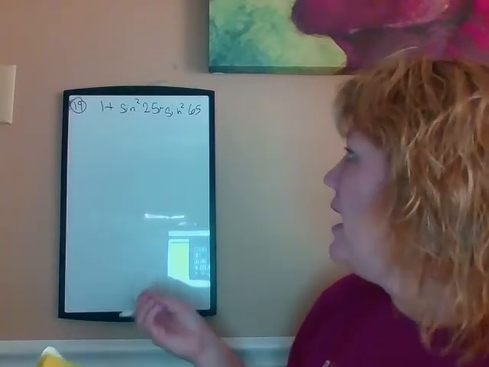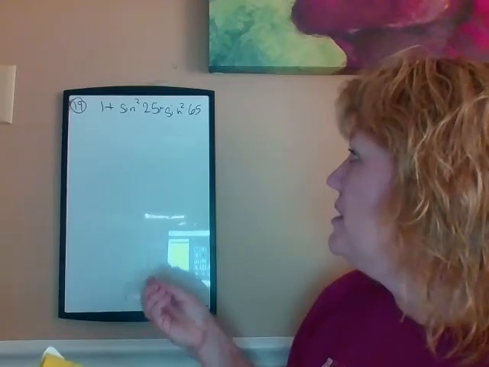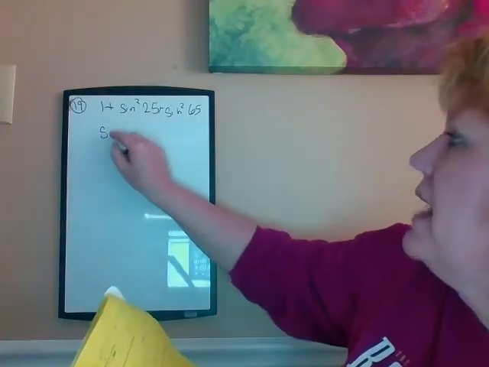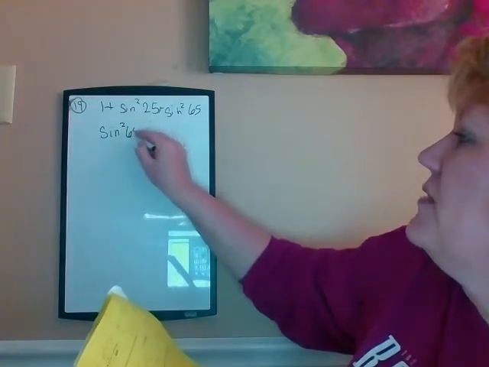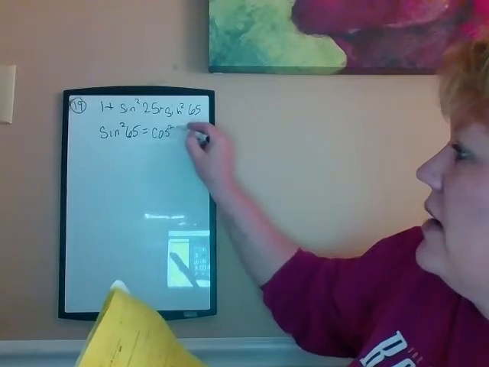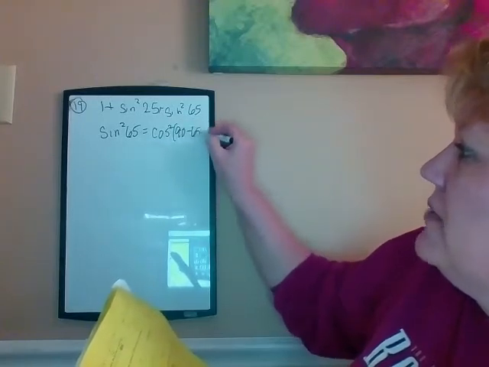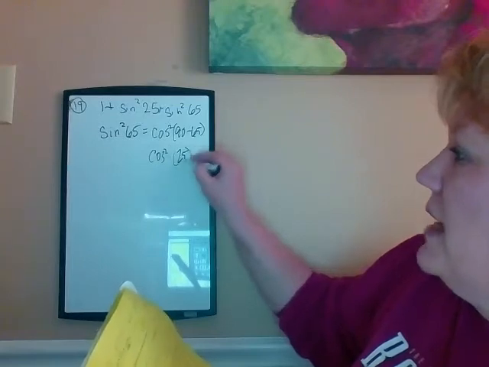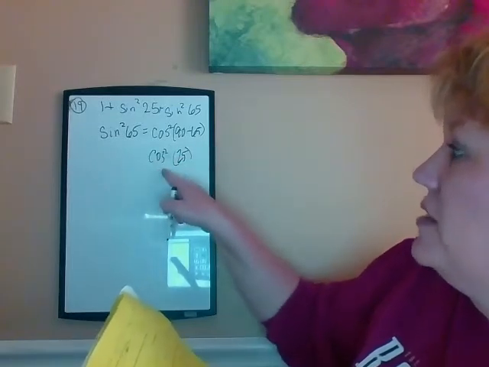1. What I have to do is transfer this one over and say that the sine squared of 65 is equal to the cosine squared of 90 minus 65. Well, that's going to be the cosine squared of 25. That's what I need, because I need the same angle and I need it to be the cosine.